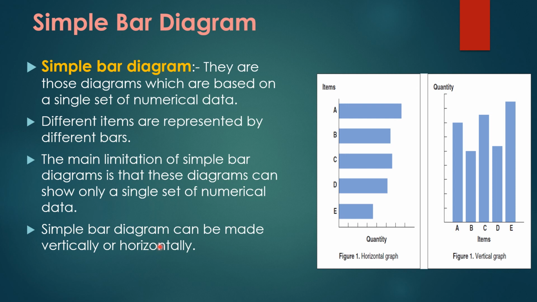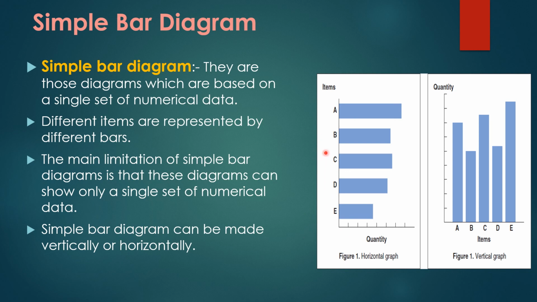A simple bar diagram can be made vertically or horizontally. You can see in the picture beside, in figure 1, a horizontal graph. It means all the bars are drawn horizontally, where they have used the common baseline as the y-axis.